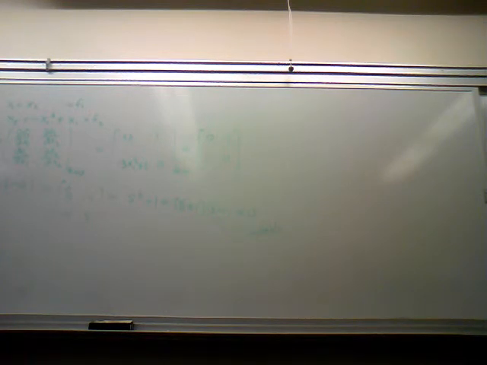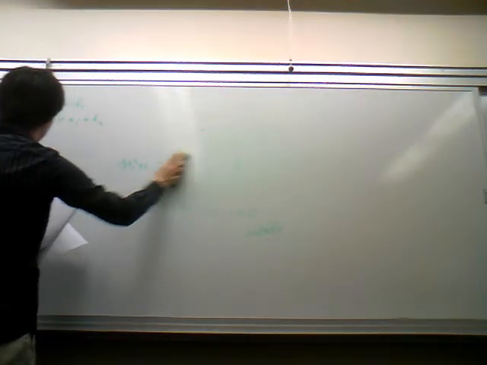Part B, show that the set of points defined by this function here is an invariant set. So we have this function that's x2 squared minus x1 squared plus half x1 to the 4 equals 1. How do we show this? Any ideas?